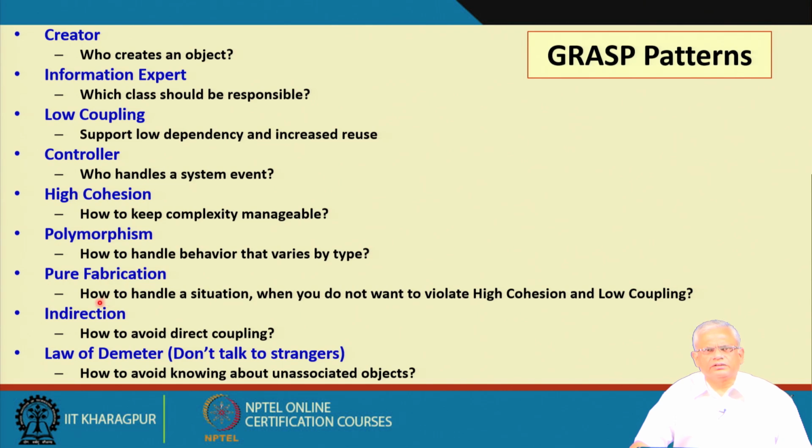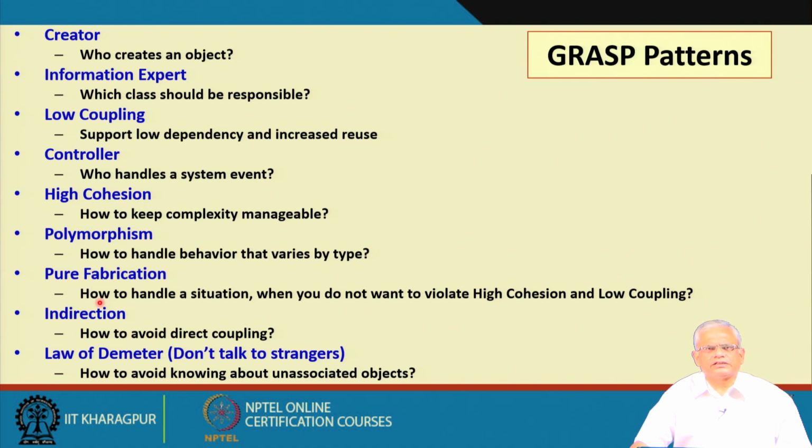Pure fabrication, this is about when a class has unrelated responsibilities. In a design, we inspect and find an unreasonable set of responsibilities, an uncohesive class, and then we use pure fabrication to delegate some of the responsibilities which are contributing to making it a bad design.